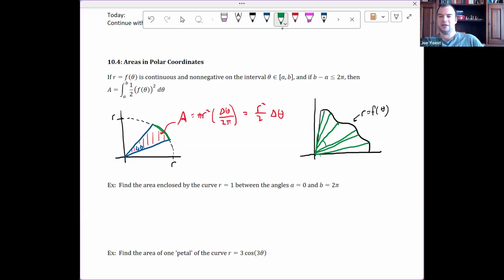We're going to do something similar here. So here I have an angle delta theta, and I can approximate r equals f of theta by a constant radius over this little slice.